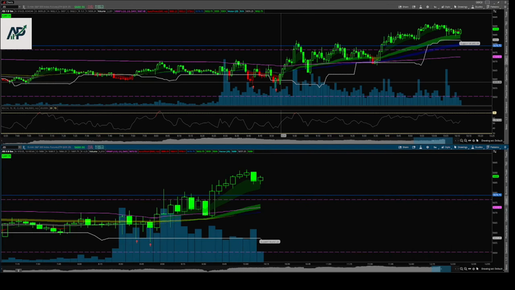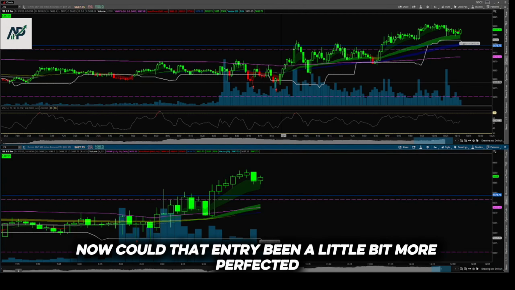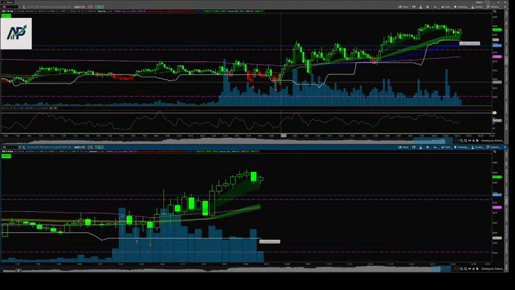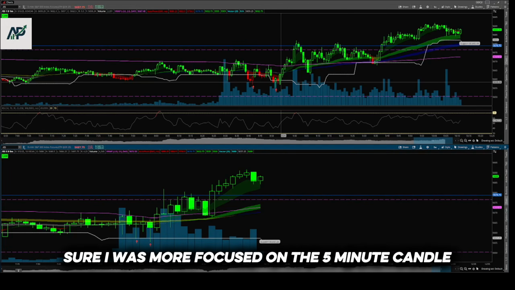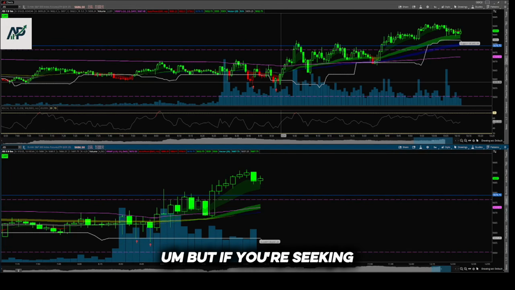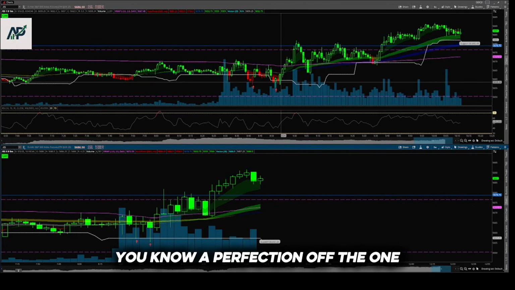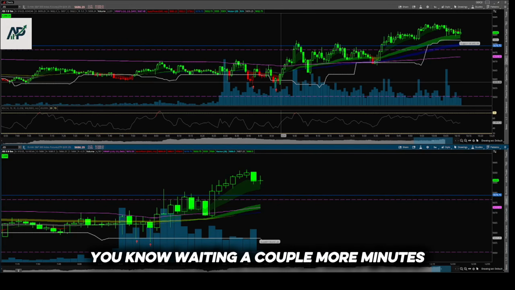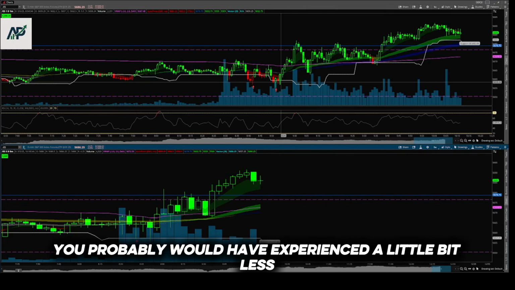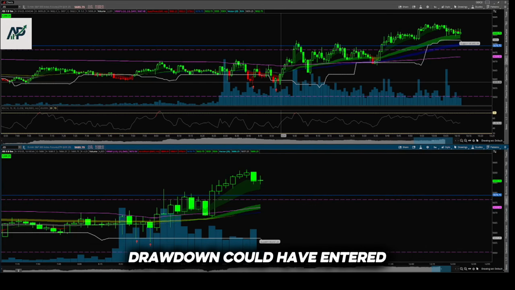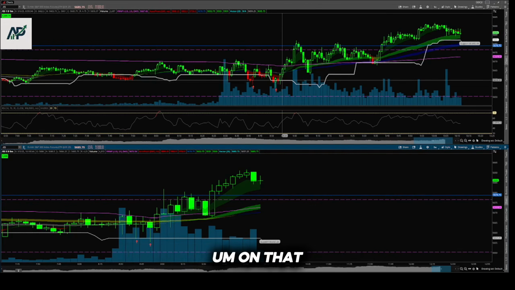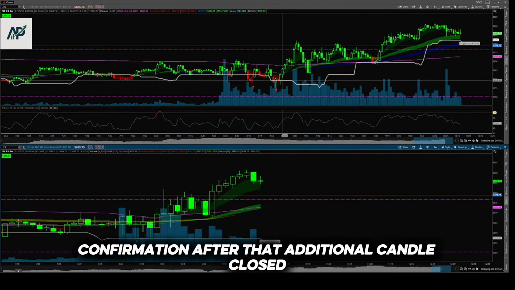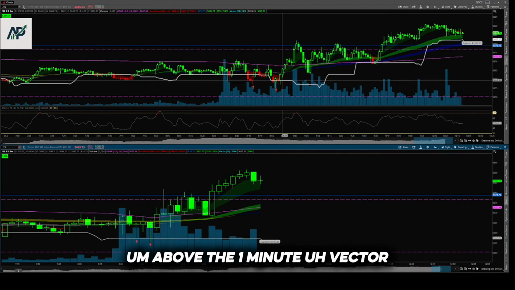But you can see how I leveraged some of that early on patience to identify the right entry. Now, could that entry have been a little bit more perfected? Sure. I was more focused on the 5 minute candle. But if you're seeking perfection off the 1, waiting a couple more minutes, you probably would have experienced a little bit less drawdown, and could have entered on that confirmation after that additional candle closed above the 1 minute vector.